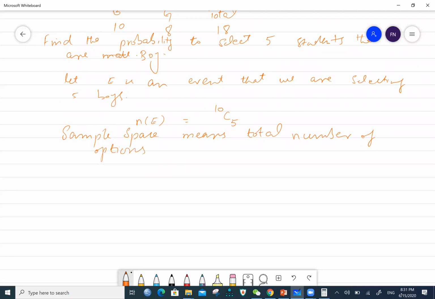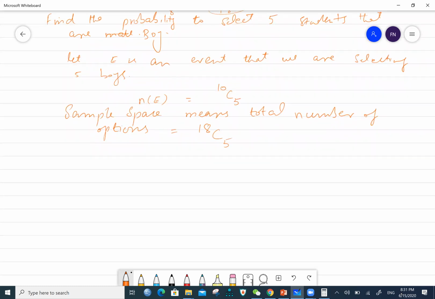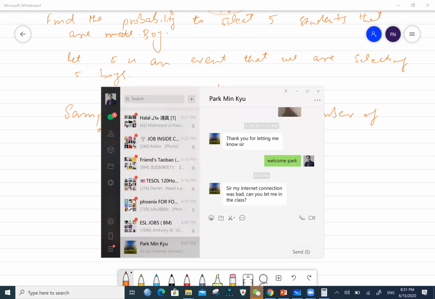There are 18 students, and out of 18 we are selecting 5. So it is 18C5. In that case, the probability of the event, what is our event? Our event is to select 5 students. It is the total number of ways to select 5 boys divided by the total number of ways to select 5 students out of 18.